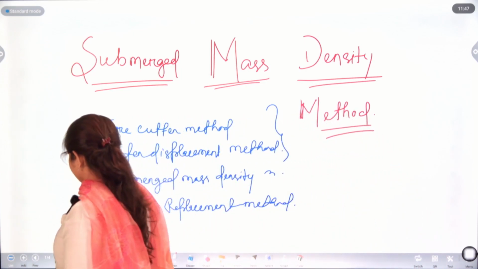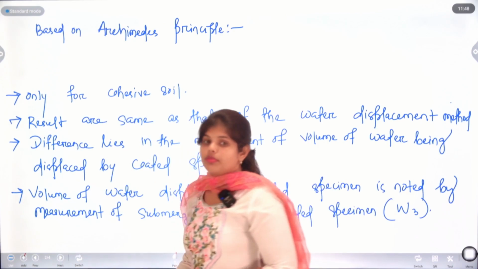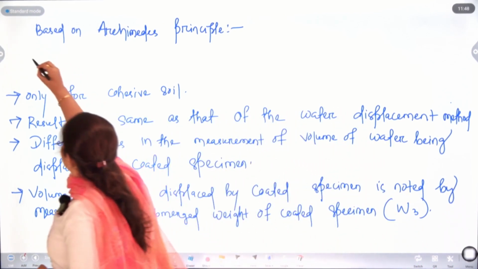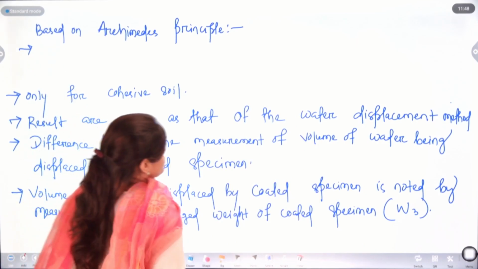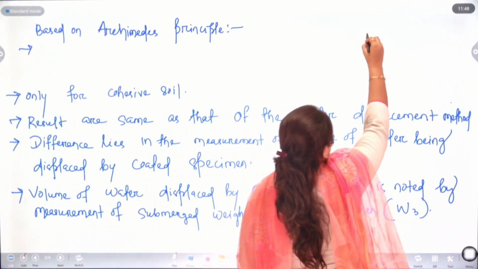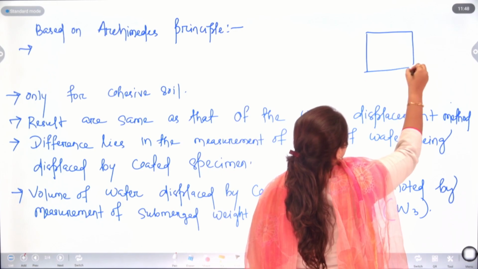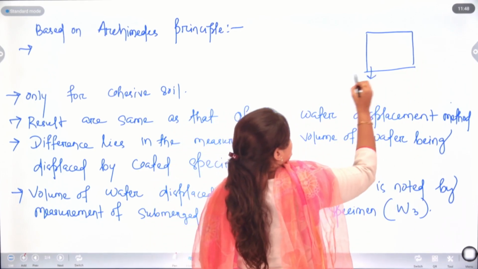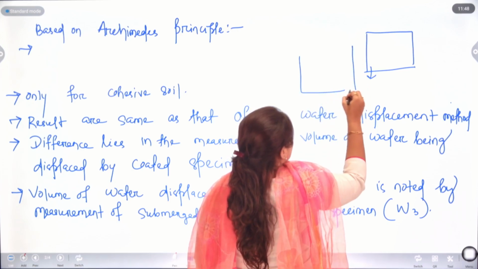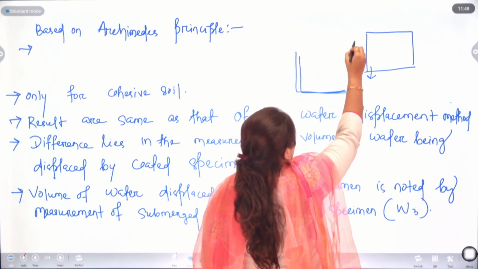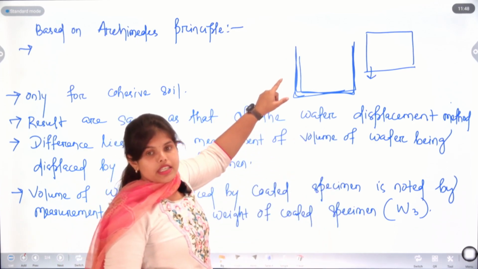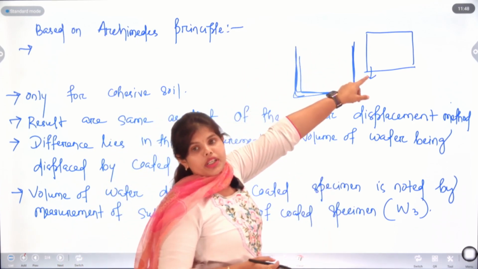So, as per Archimedes principle, the water displaced by a body put into an object that is filled with water is equal to the weight of this body.